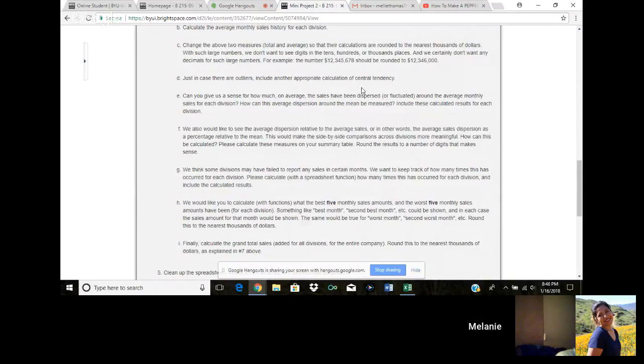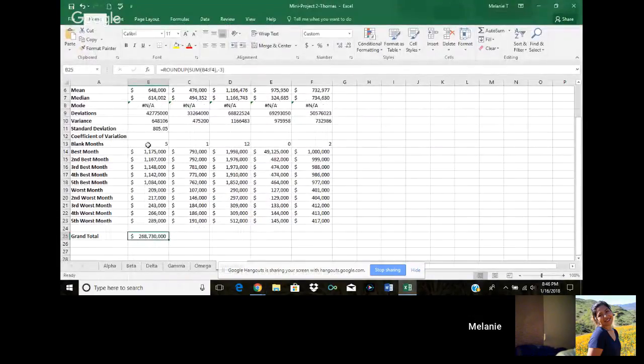So I just did the formula on these as the count blank and found out how many times there were blank cells left in that particular division. Oh, that's good. I should have that.